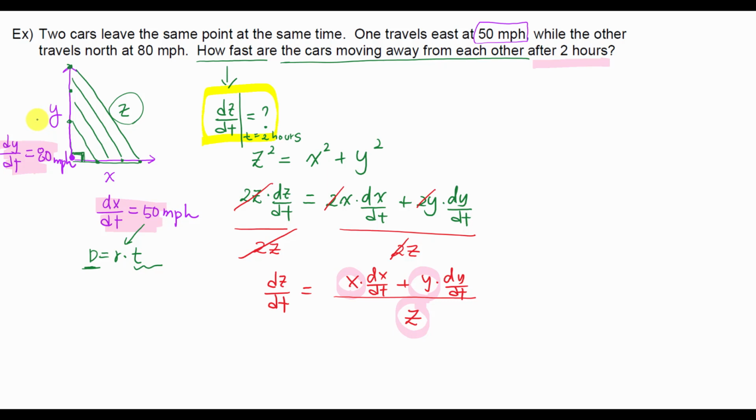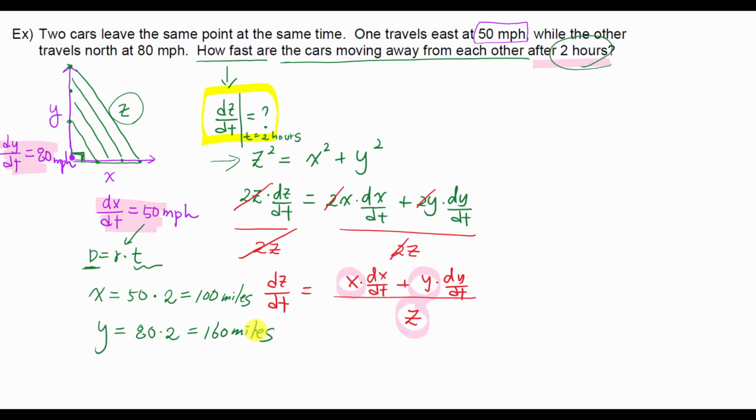And if you know the x and the y value, then by the Pythagorean theorem, you can find z as well. So x is the distance traveled east. You're going at 50 miles per hour for 2 hours. You would have traveled 100 miles. Similarly, you can find y by rate times time, and the rate is 80 miles per hour for 2 hours, so that will be 160 miles.